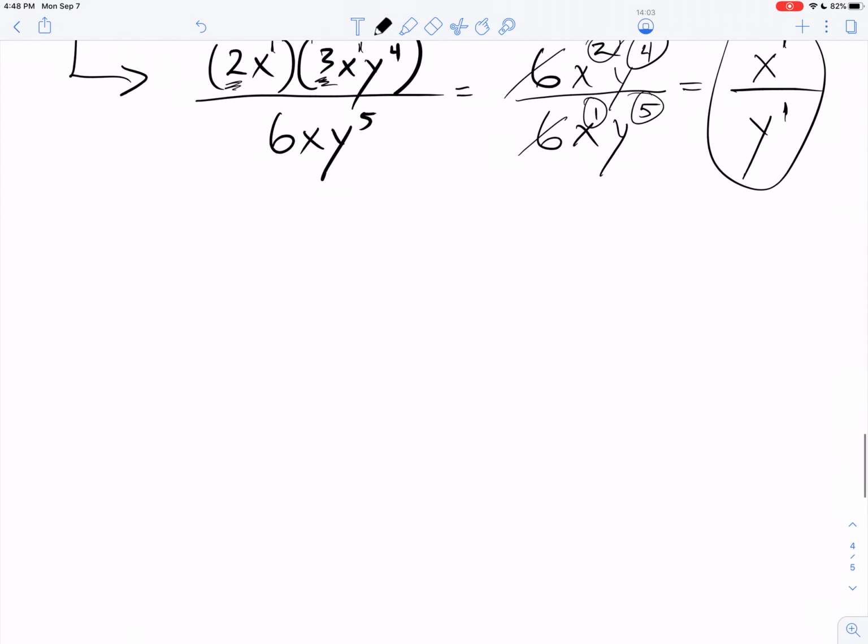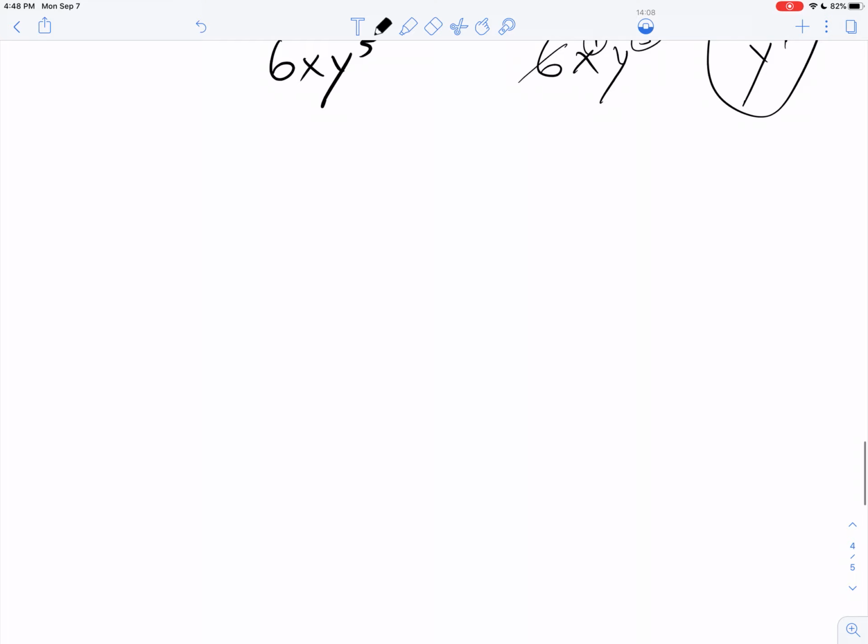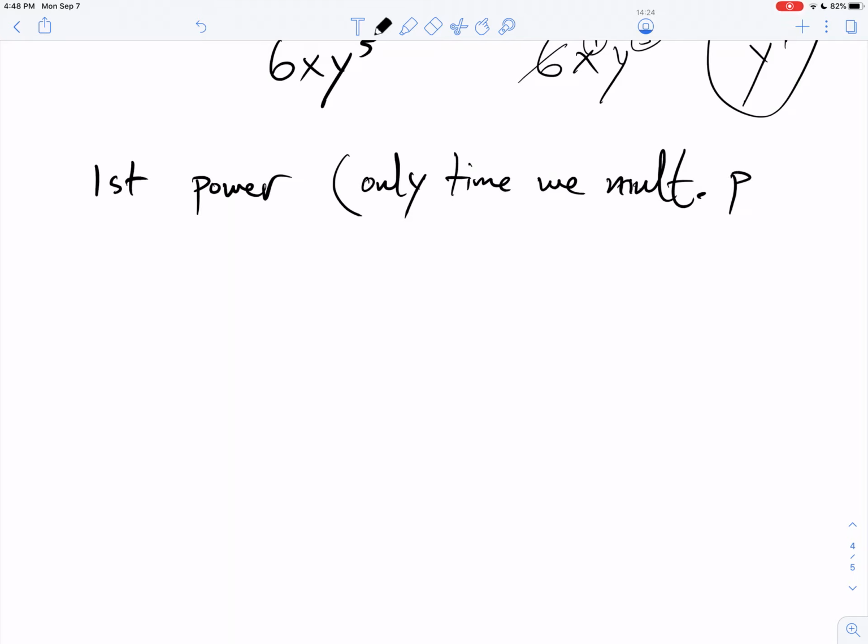So, I always say there are 4 exponent rules. The first rule is called the power rule. That's the only time we multiply powers. I did not say multiply numbers because the second thing we could do could be any of these 3.